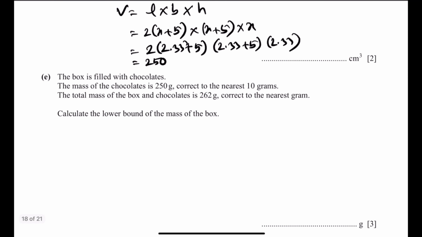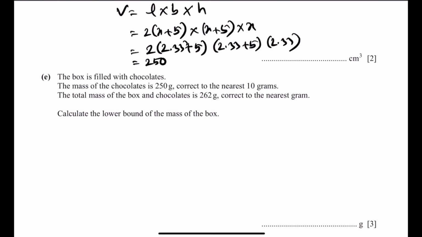Now next thing, the box is filled with chocolates. The mass of the chocolate is 250 gram, correct to 10 gram. The total mass of the box and chocolate is 262 gram, correct to the nearest gram.